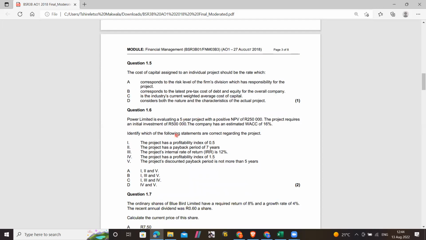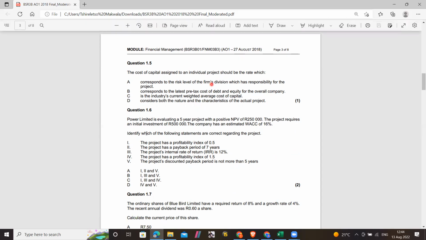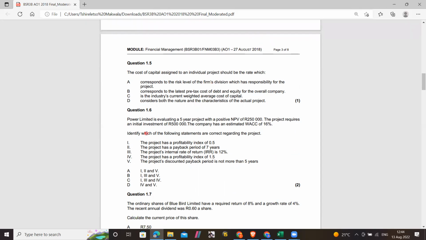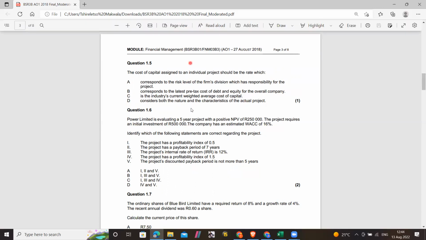And then 1.6 says Power Limited is evaluating a 5-year project with a positive NPV of 250,000. The project requires an initial investment of 500,000. The company has an estimated cost of capital of 16%, right? So I don't know if you guys are still doing this profitability index.